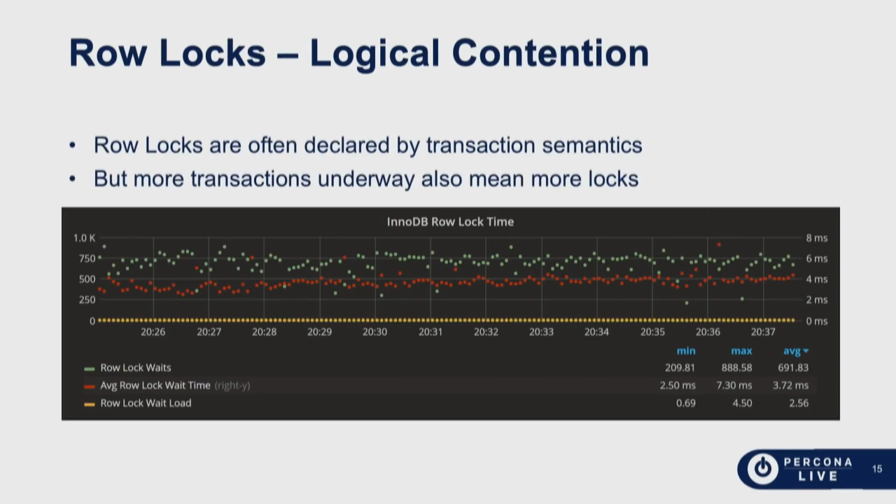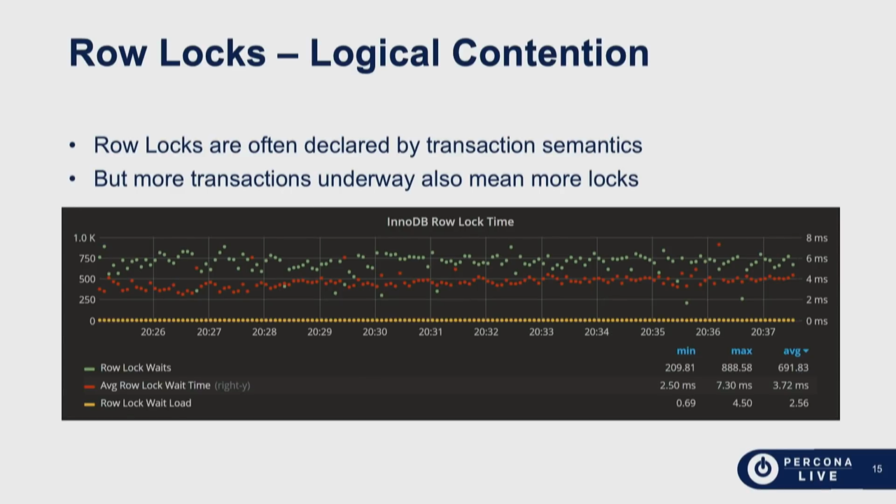Now, another thing it's good to look at is obviously row-level locks. Row-level locks are a logical contention, but pretty often they can be the performance limiting factor. In this case, we look at a number of areas, right?